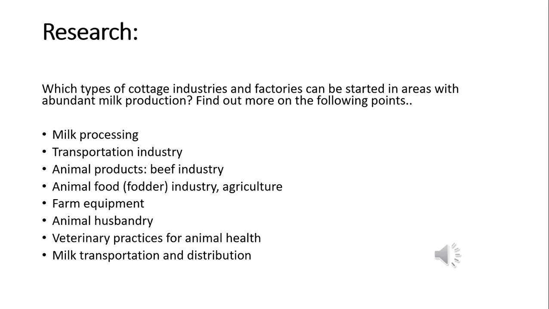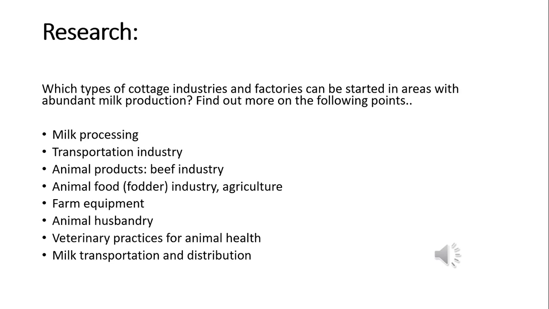I would suggest you find out more about each of these. You can visit these places, speak to the people who are running these businesses and industries, and find out from different sources like books, internet, and your teachers.